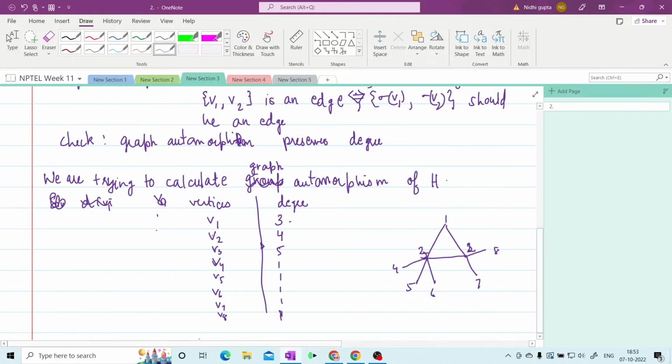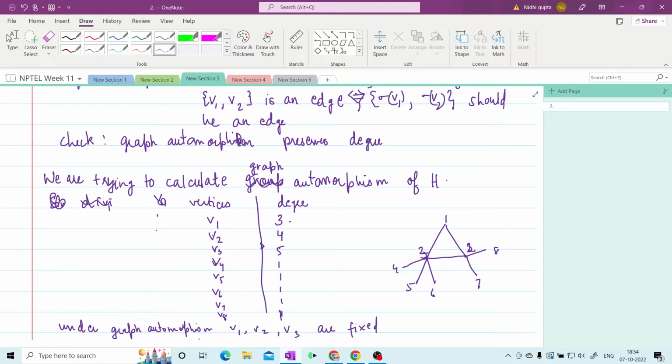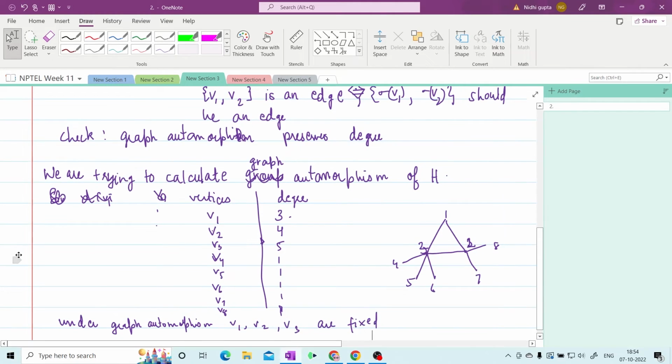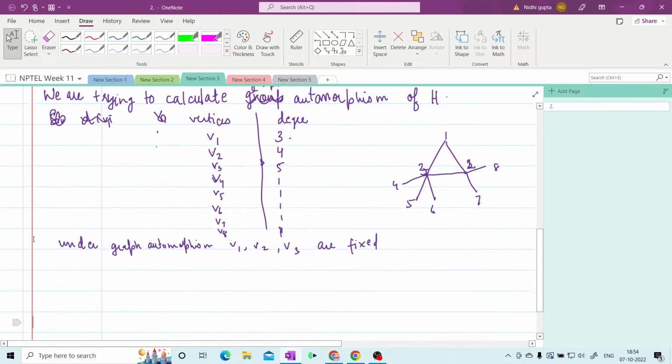So under the graph automorphism, V1, V2 and V3 are fixed. The only vertices allowed to change are V4, V5, V6, V7, V8.